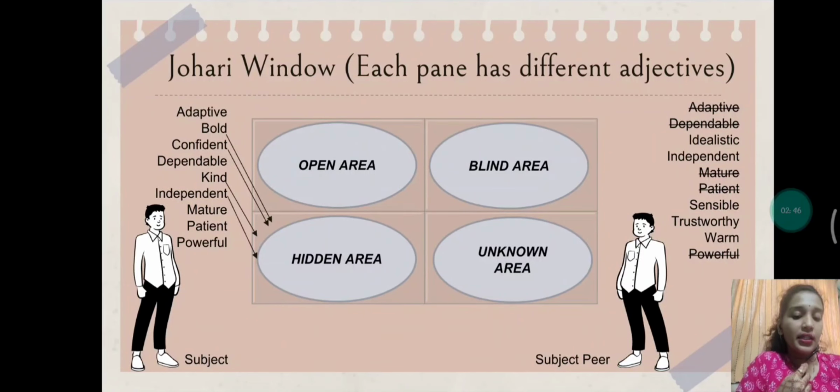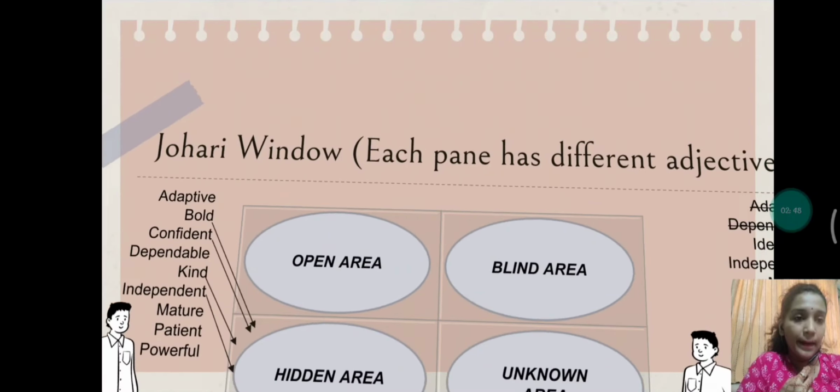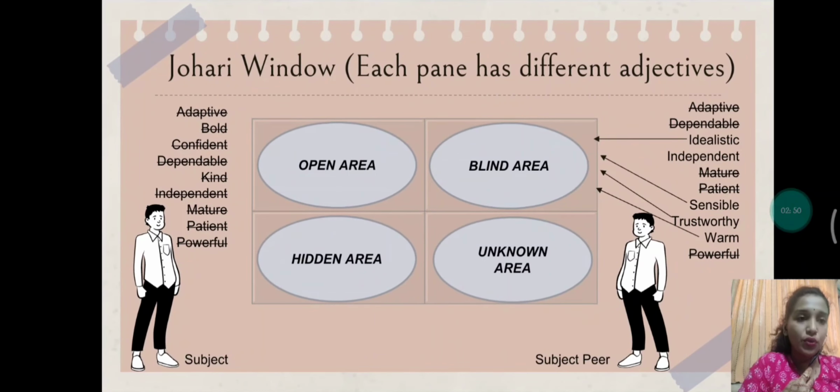So the third one is the blind spot. Those are all the things that the peer has perceived about the subject, or you, that the subject doesn't believe about himself, or you might think these are not the qualities in me, or you might be unaware. Like the peer has said you have certain attributes, so you might be unaware or you might not accept it.